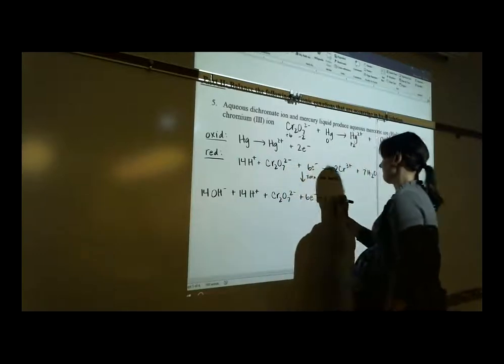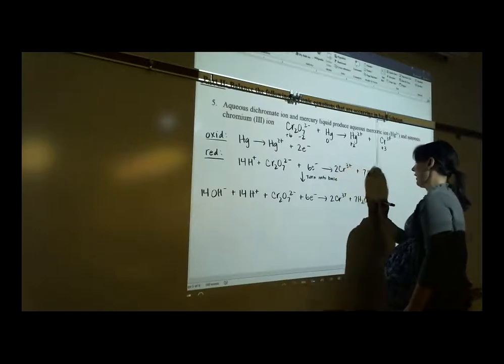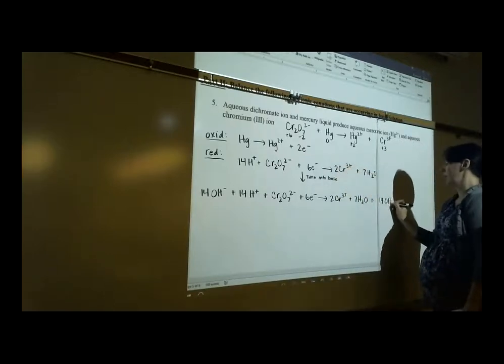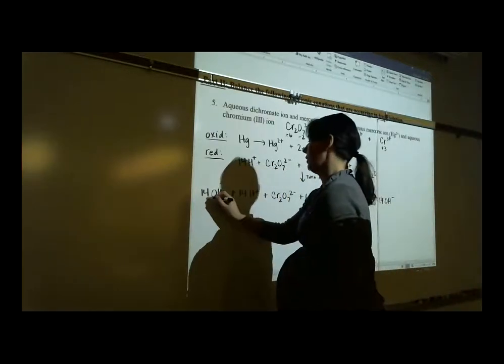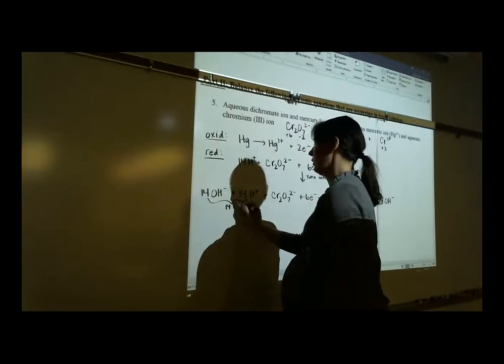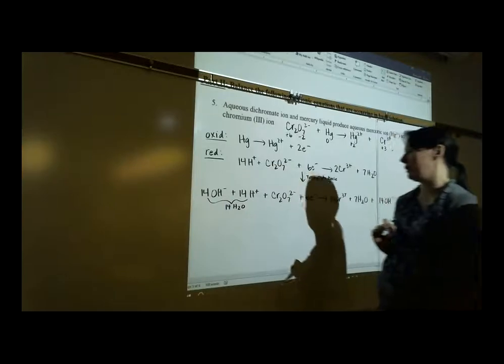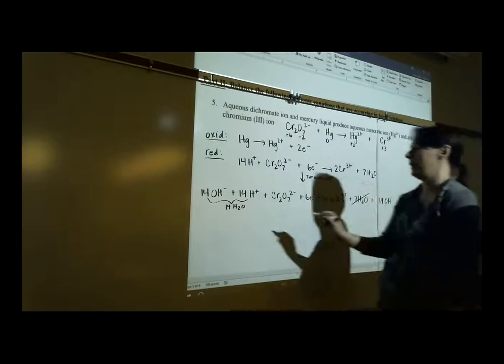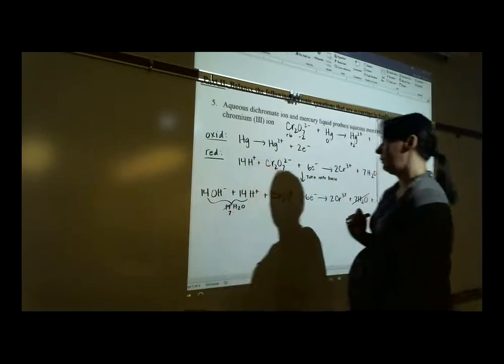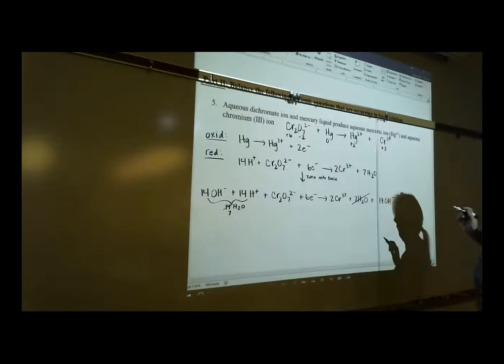Everything else stays the same. And now I have to add that 14 OH- to the other side. Now this comes together to make 14 water, because H+ plus OH- gives me water. And I've got 7 waters over here already, so I can reduce that. Okay, so there's my final balanced reduction half reaction.